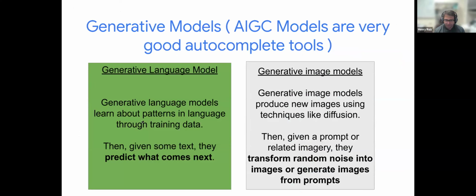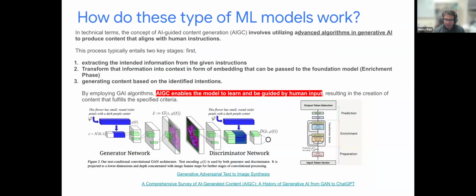And today we generally find two different kinds of models, generative language models and generative image models. As the names indicate, one is focused on generating text and the other on generating, interpreting, or creating images. But internally, how these generative AI models work is they use a technical concept called AI-guided content generation, which involves utilizing advanced algorithms to generate data based on human instructions.